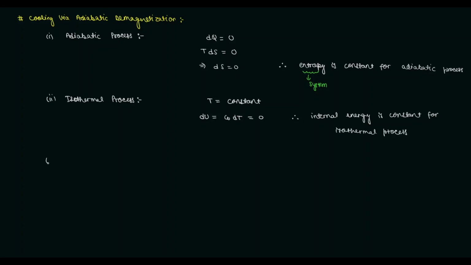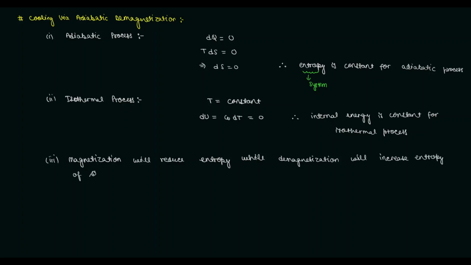Now you need to remember another important concept, that the magnetization will reduce the entropy while the demagnetization will increase the entropy of the magnetic moments. Here you must note that it is the entropy of the magnetic moments which will be increased or decreased by the application of magnetic field.